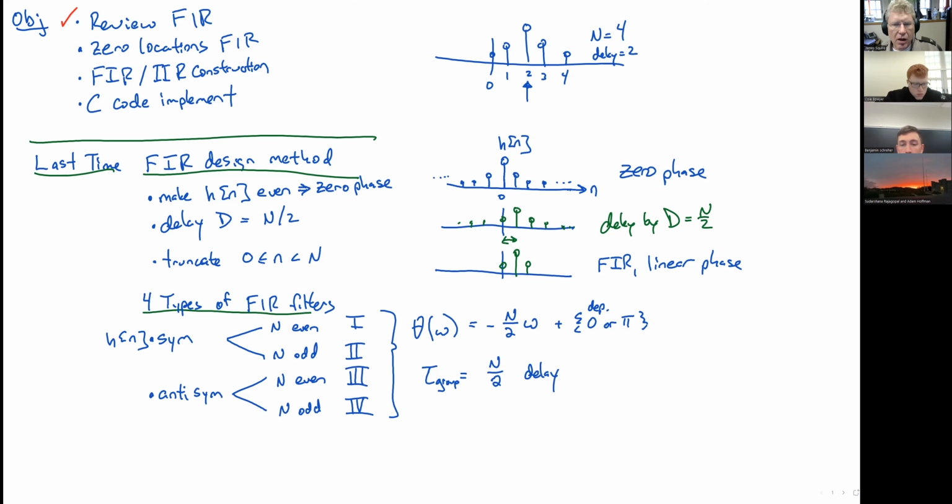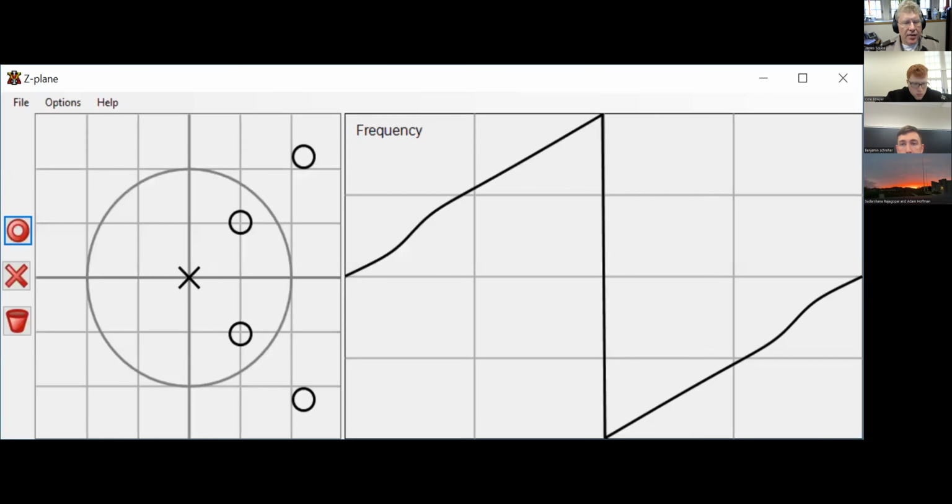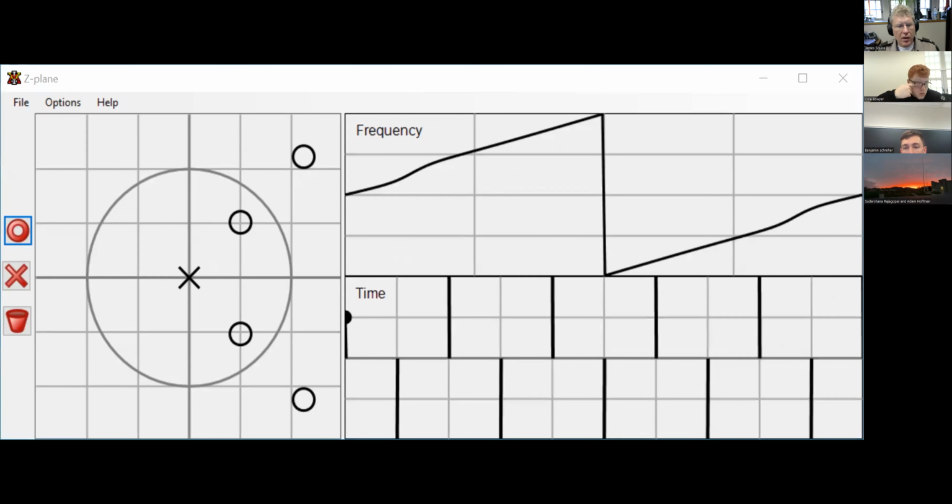So let's go back to this guy, and this is an n equals 4 filter because it's got 4 zeros. It has an impulse response. Let me show the impulse response. The problem is I'm giving it a steady state impulse, so I can't show it.